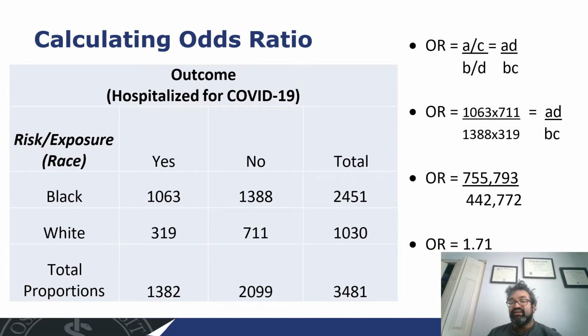So when you're calculating odds ratio, again, you can use the formula, and this is how you would use it. Here's a 2x2 table, and I said A, B, C, D, A times D, and that's 1063 times 711, over B times C, which is 1388 times 319. So that amounts to 1.71.